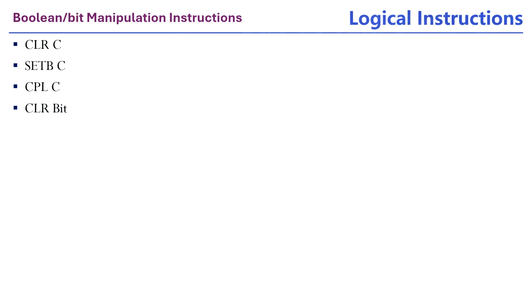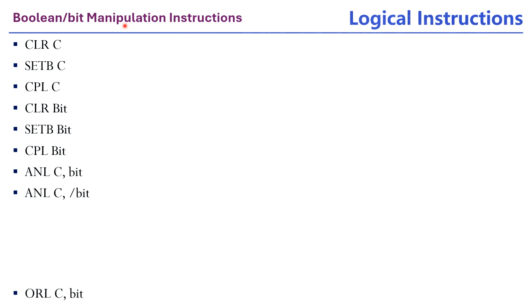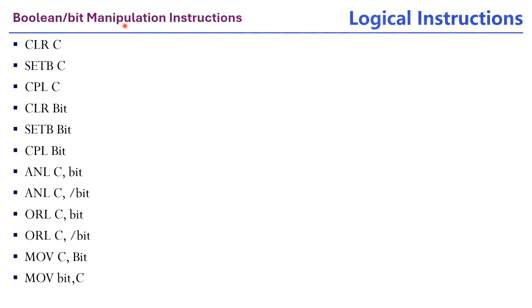we come to the Boolean, or we can say the bit manipulation instructions. Only one bit. Here we have clear C, set bit C. This is just related to the carry. So just see the things. Set bit carry, complement C, clear bit, set bit.